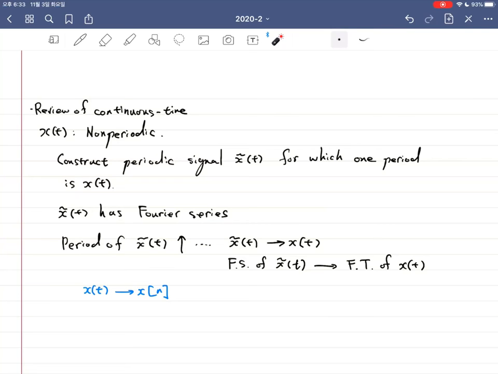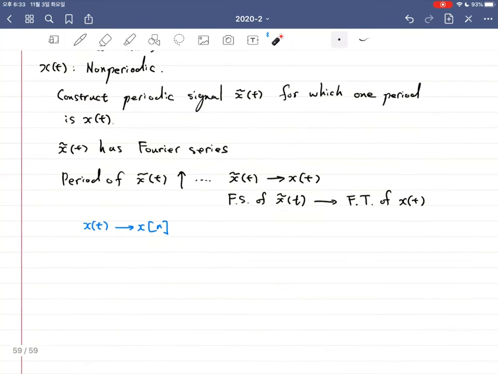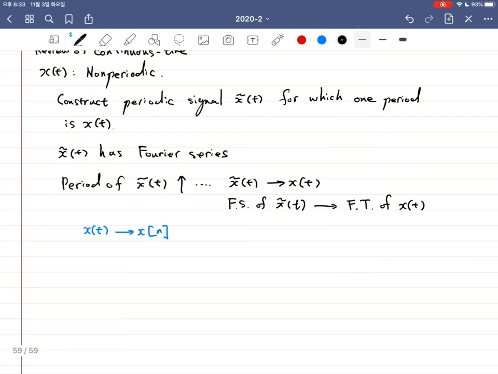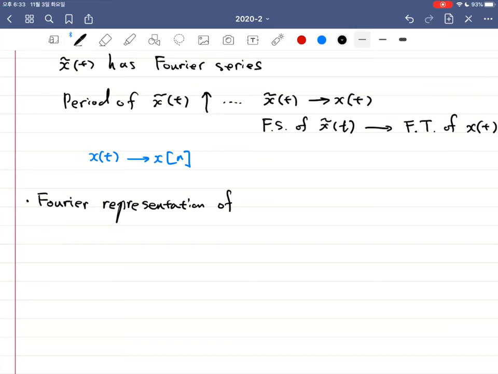The only thing you have to do is switch the round parenthesis to the square bracket. So this is the Fourier representation of a non-periodic signal, of course, for discrete time.